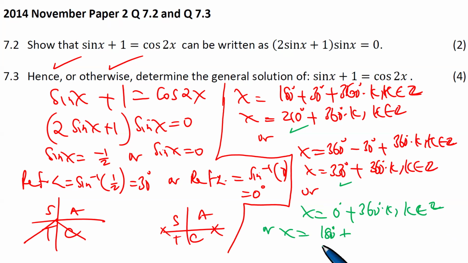So 180 degrees plus 360 degrees k, k is an element of Z.